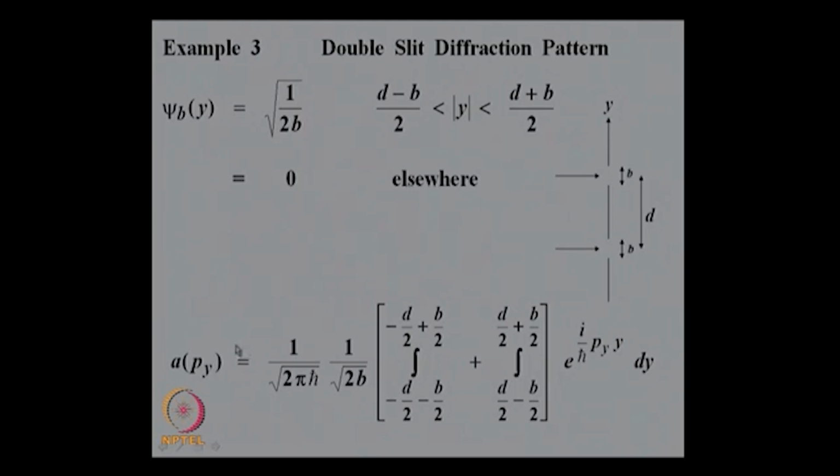Then the corresponding momentum distribution function will be the Fourier transform of this. So, 1 over root 2b I take outside, and the integration is from minus d by 2 minus b by 2 to minus d by 2 plus b by 2, and then from here to here. It is a very straightforward integration.